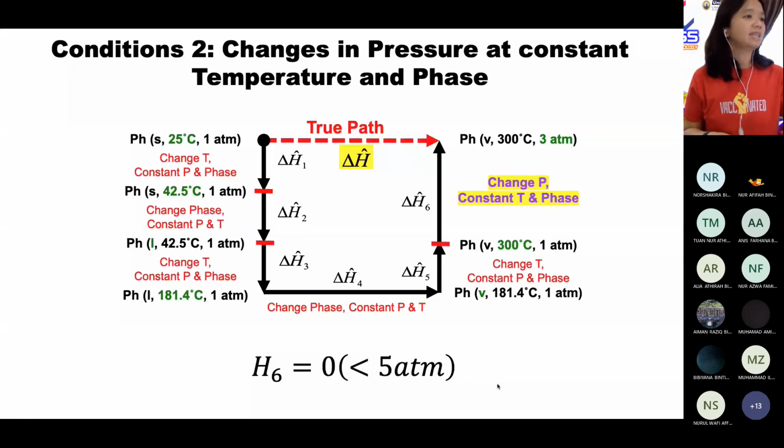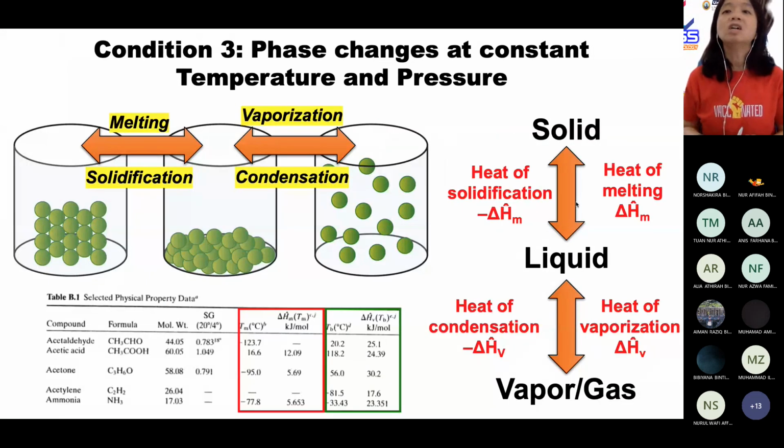And last one is, kejap. Okay, contohnya dalam case ni lah daripada 1 atm to 3 atm, since the pressure change is less than 5 atm, the delta H6 is 0. And last one is the change of phase. Okay, so bila ada perubahan fasa, means kata kamu punya path tu ada perubahan fasa, kita kena include the heat.